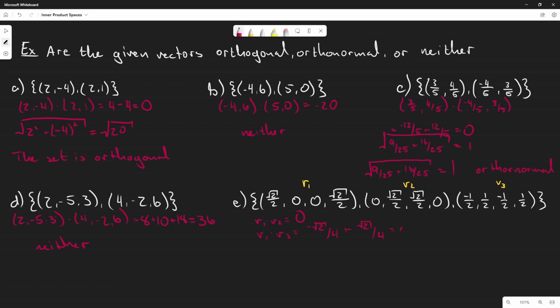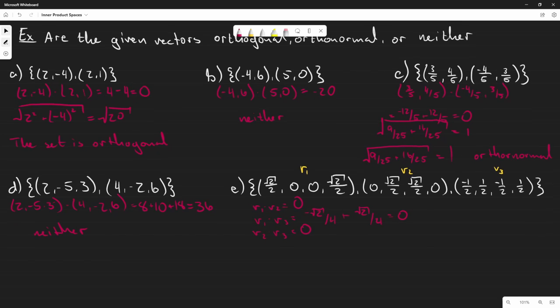So that will be 0. And then finally, V2 dotted with V3 will give us the same thing again, 0. So it'll be giving us root 2 over 2 times root 2 over 4 minus root 2 over 4, so that'll be 0. And so we know that this is orthogonal.